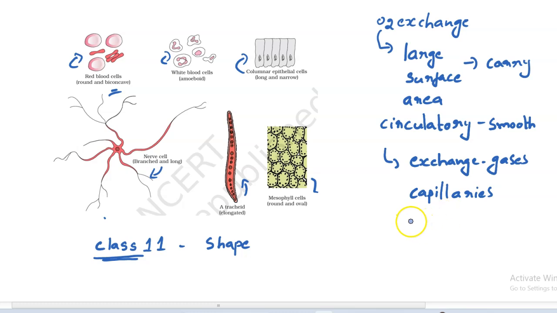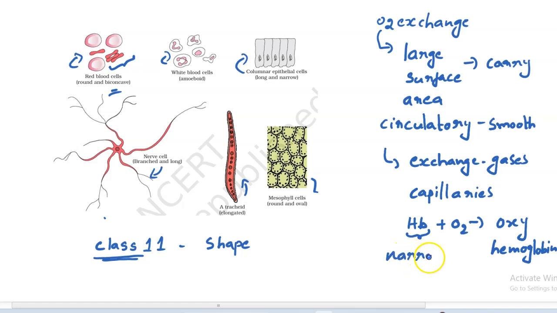As they lack nucleus, the hemoglobin (Hb) present in the RBCs binds with oxygen and helps in transport of a large amount of oxygen in the form of oxyhemoglobin towards the tissues. Because of this narrow, biconcave shape, they can pass easily through the narrowest blood vessels, capillaries.